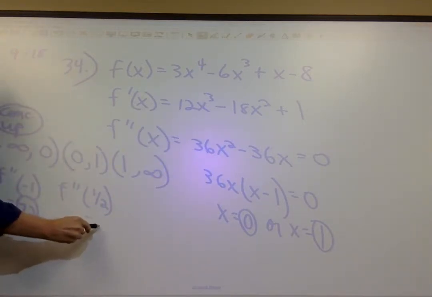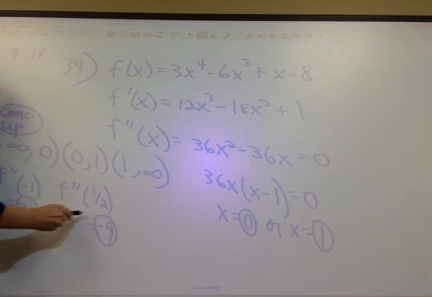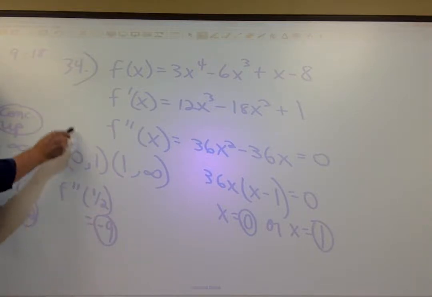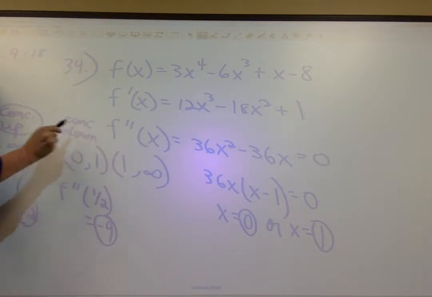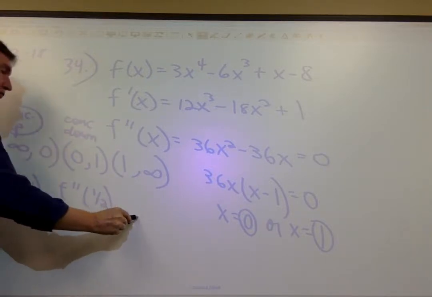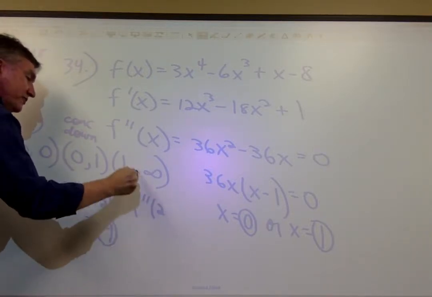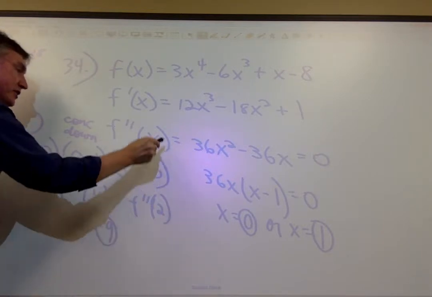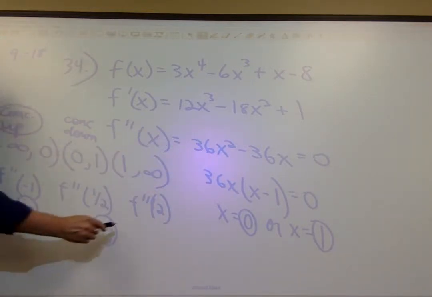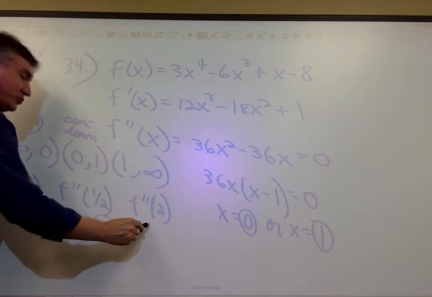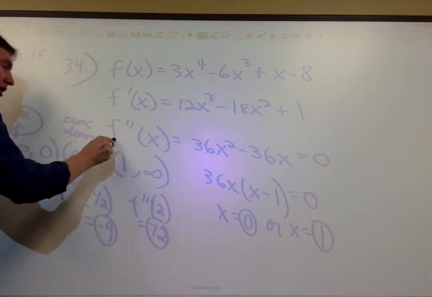That's negative 9. Am I right? Since that's negative, it's concave down. And what about if I plug 2 in to that second derivative? 72 again. Concave up.